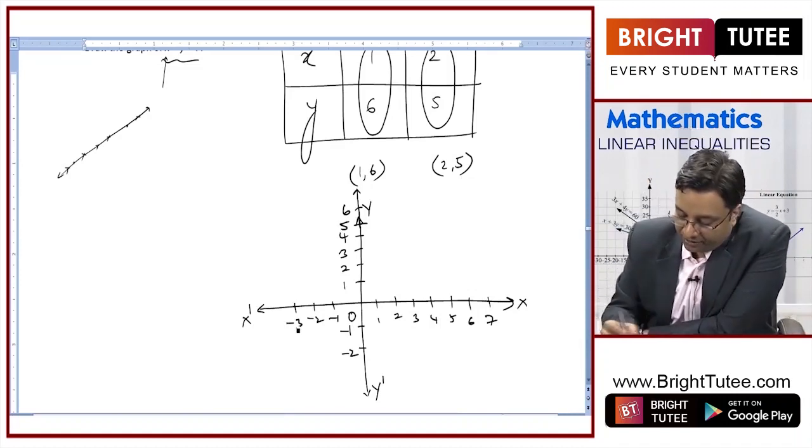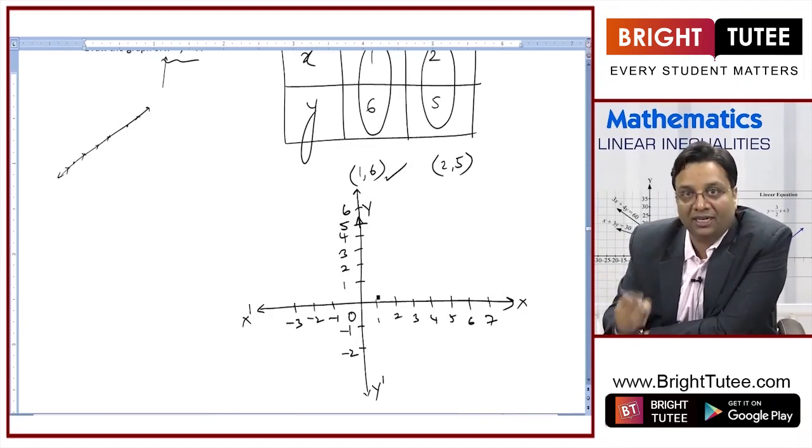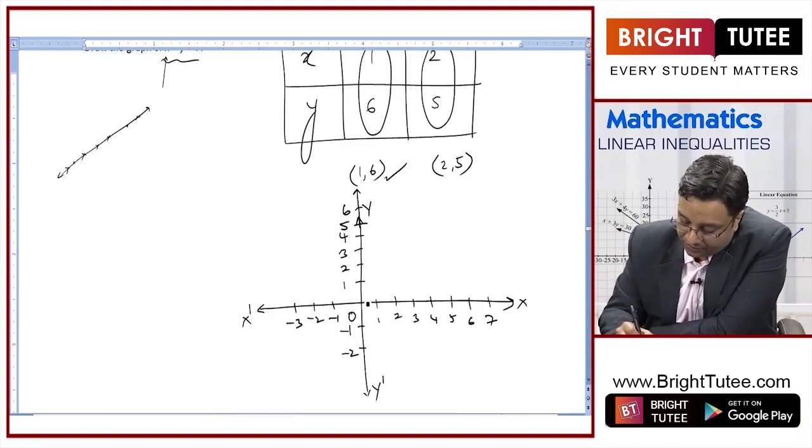Look at the first point, (1, 6). So 1 is the abscissa and 6 is the ordinate. So this will be the point. The second point is (2, 5), so 2 is the abscissa and 5 is the ordinate.